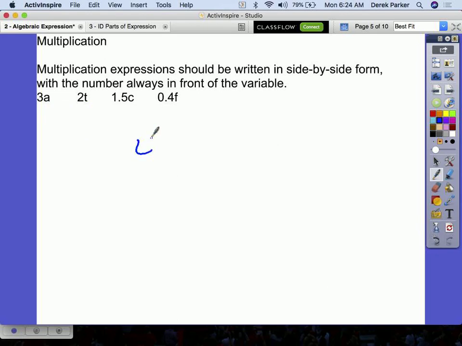If I had 4x, and that means 4 times the variable x, it would look really strange to write it like this. So what you have to remember is this: if you have a number and you're multiplying it to a variable, it is just the number multiplied by the variable. No sign, no space, just that.